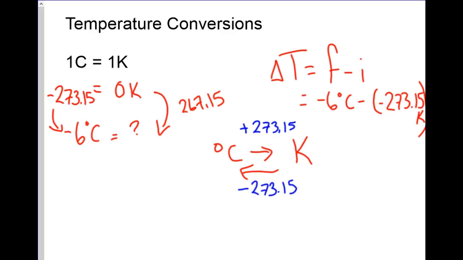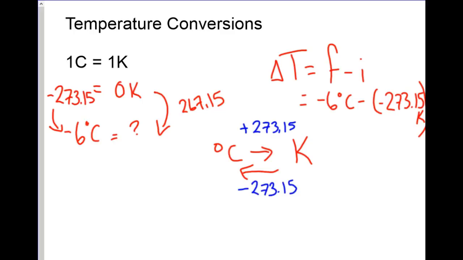In terms of when do you use Celsius and when do you use Kelvin, honestly, it depends on what formula you're using. For example, one of the first formulas that I'm going to be showing you is Q equals mc delta T. And this delta T has to be in degrees Celsius.